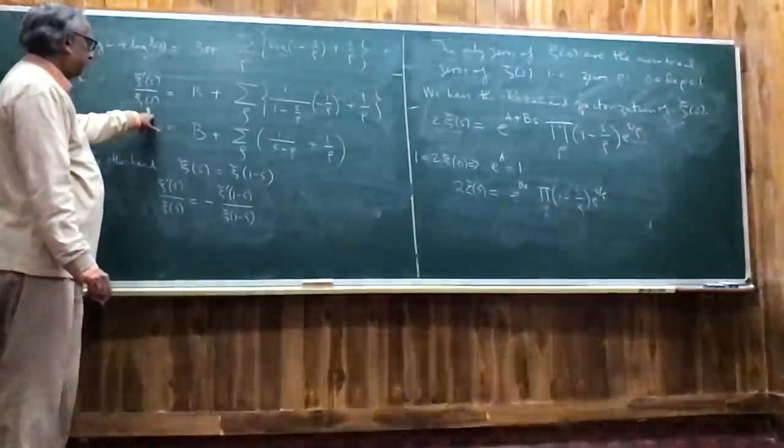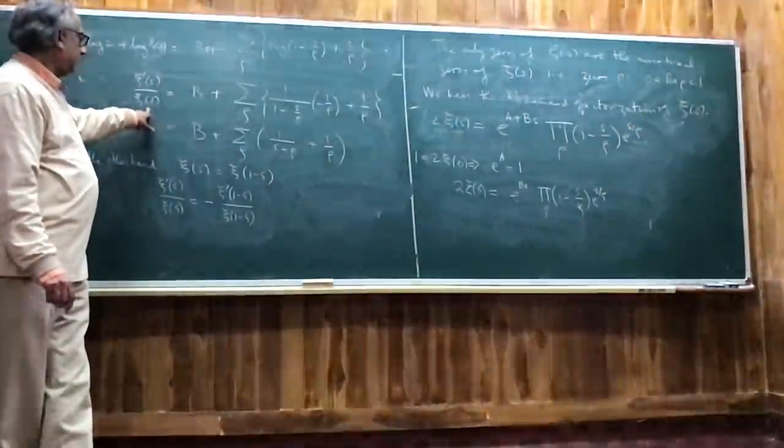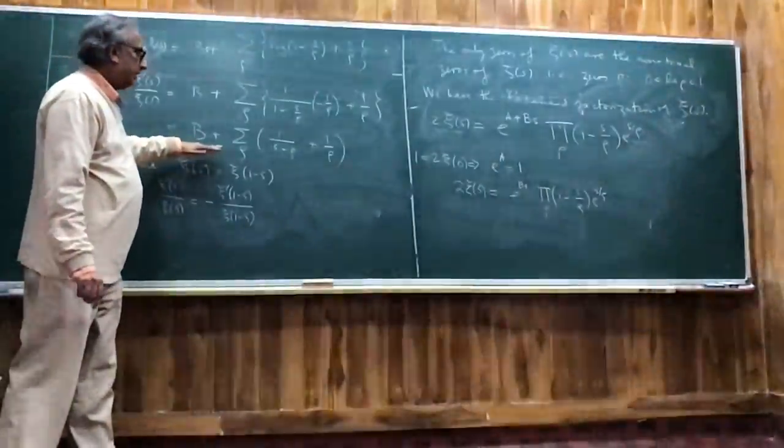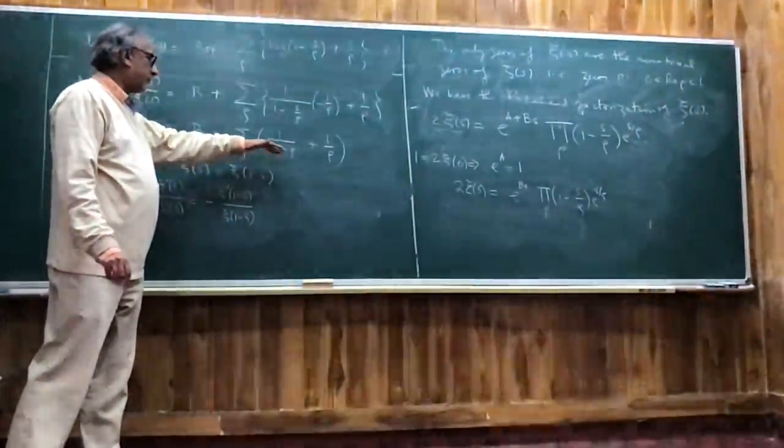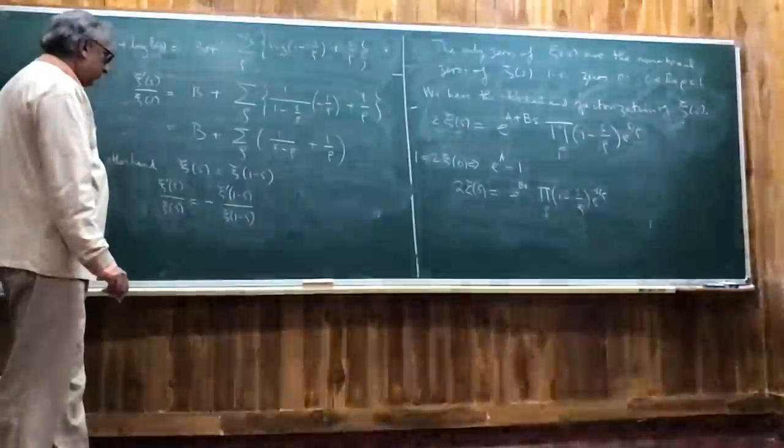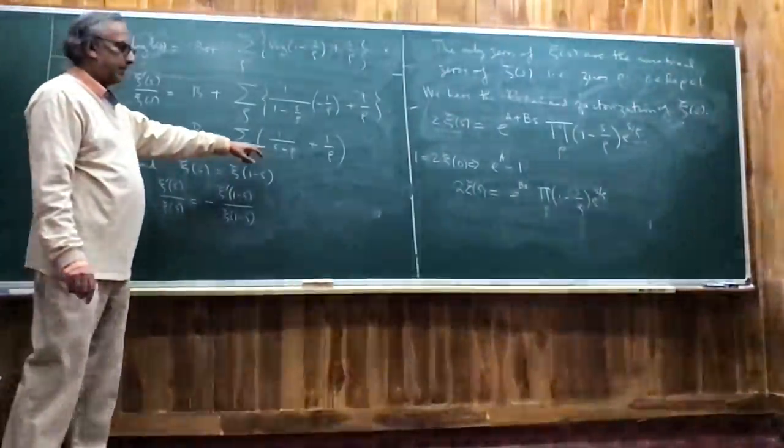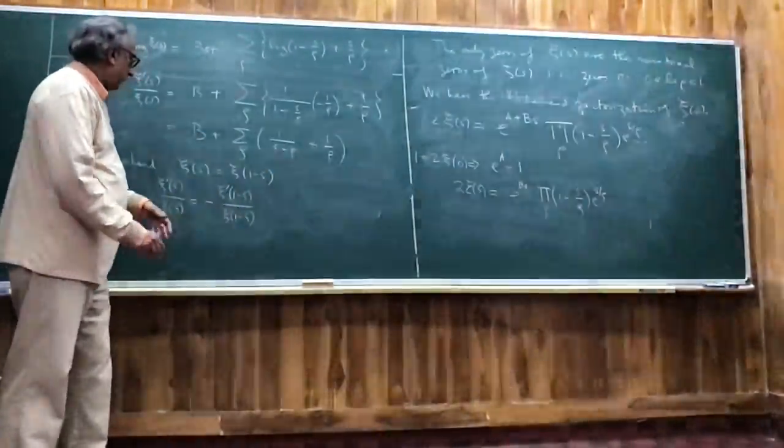But I have an expansion of C in terms of the zeros. This is valid for all S in C, except for those complex roots. So I can plug in 1 minus S in here with a minus sign.